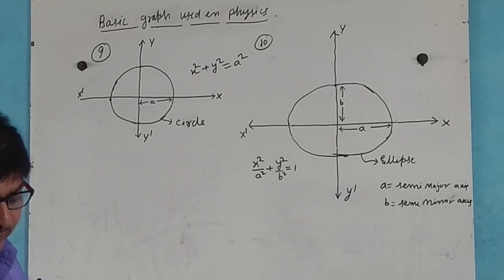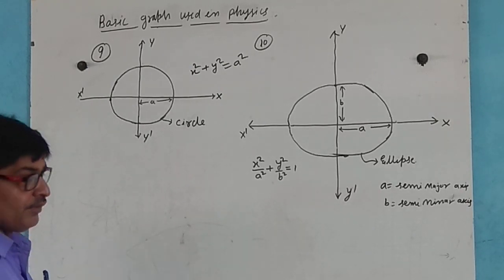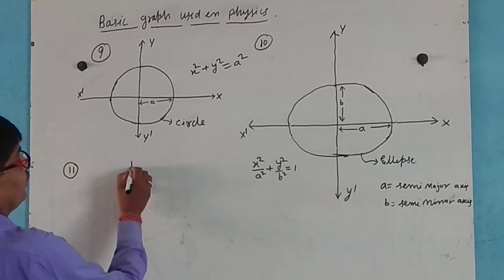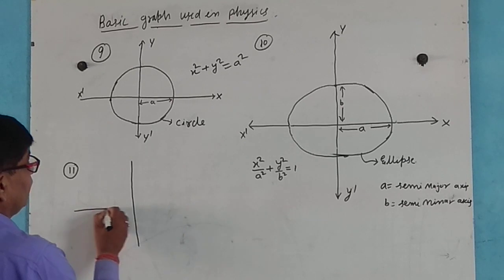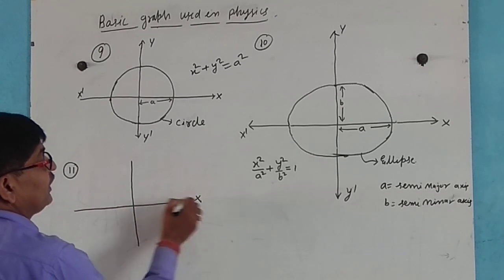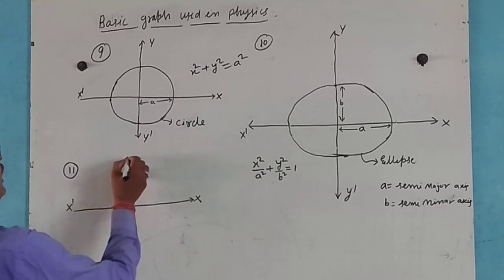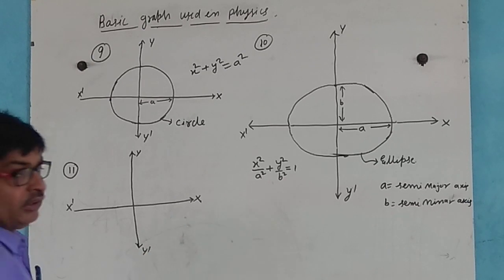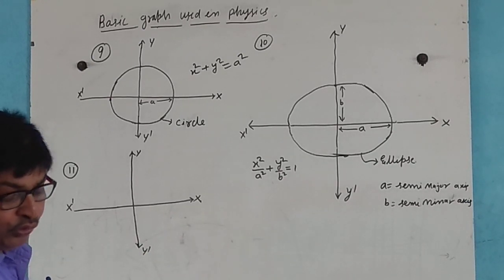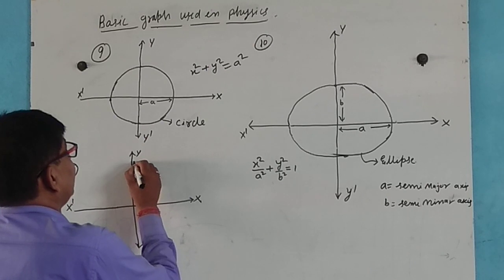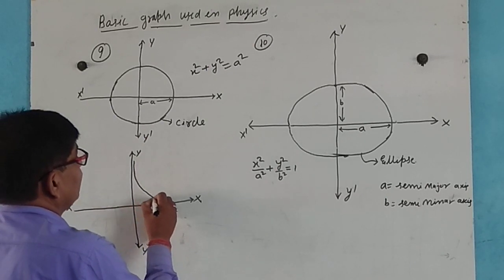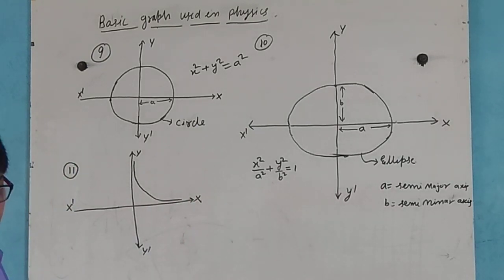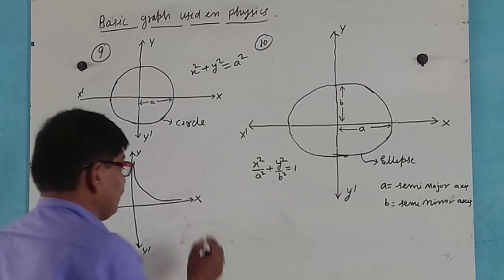Now we take another figure. This and this; this is x dash, and this is y and y dash. Now we take a curve like this, that is a rectangular hyperbola.